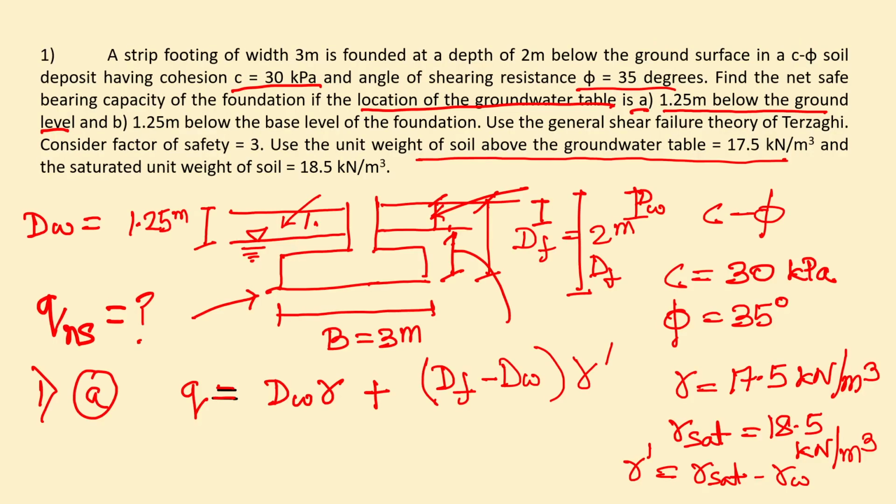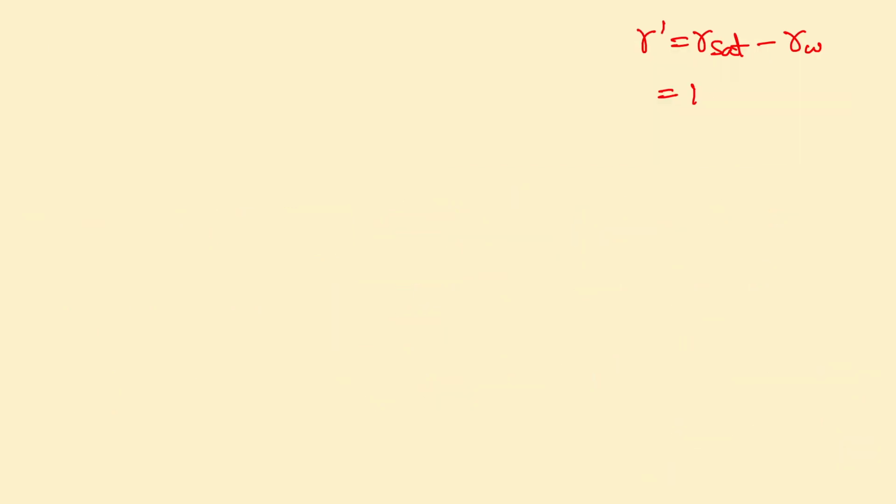Gamma sat was 18.5 kilonewton per meter cube, minus the unit weight of water, which is 9.81.